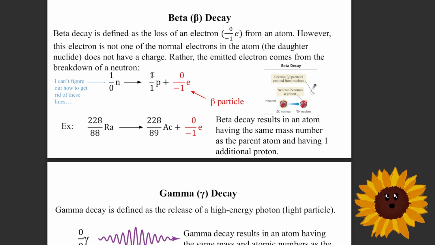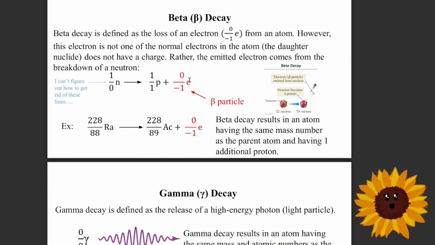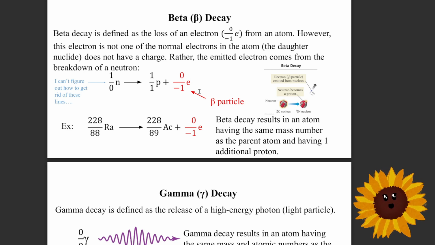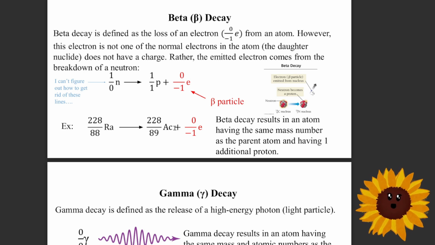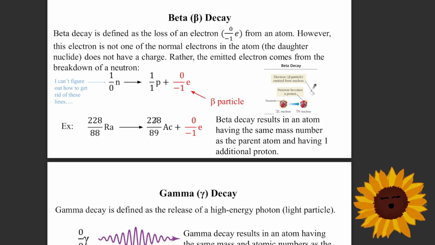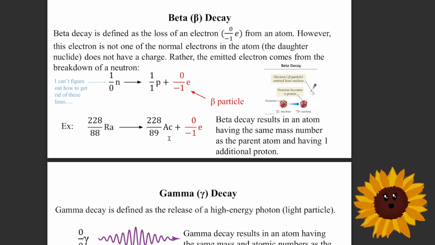You can write 1 proton, technically a 0 for a neutron, but 1, and -1 for the electron, or e to the minus. If you put e to the minus, that's also another symbol for an electron. So beta decay results in an atom having the same mass number, the top part here, so the same number of neutrons and protons as the parent atom, and having 1 additional proton.